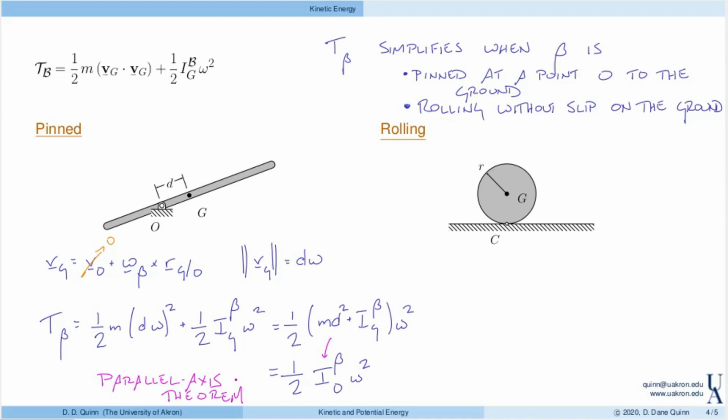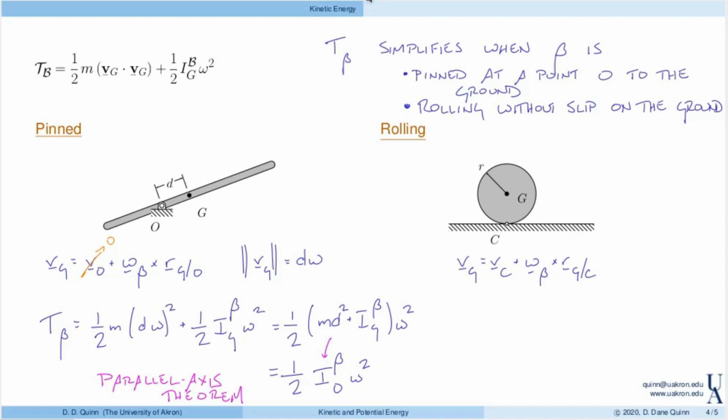So in this case, the kinetic energy reduces to 1/2 times the moment of inertia about the pin joint times omega squared. And now, if I look at the case where we have rolling without slip, we have something similar. Vg is Vc plus the angular velocity cross r of g with respect to c.